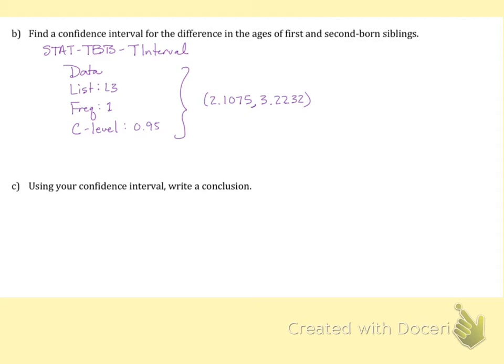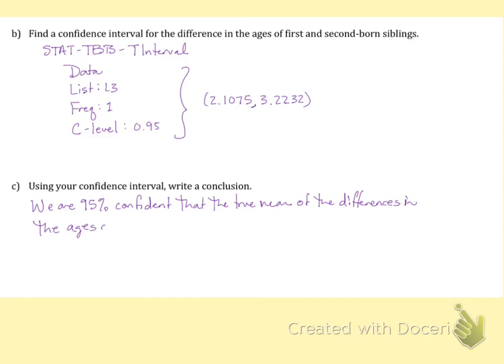So according to our confidence interval, we are 95% confident that the true mean, that says mean of the differences in the ages of siblings is between 2.1 and 3.2 years.